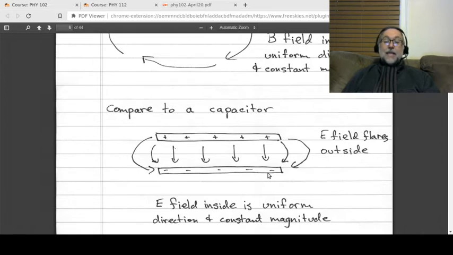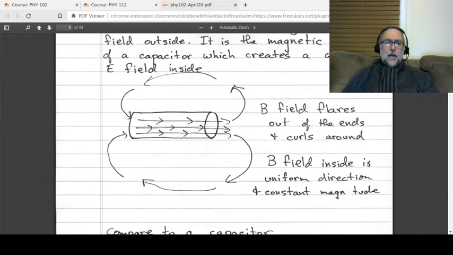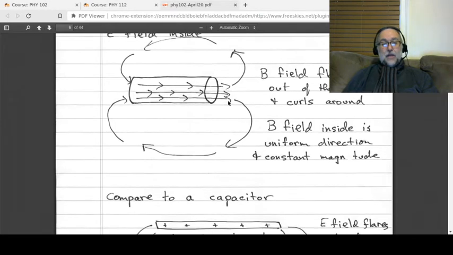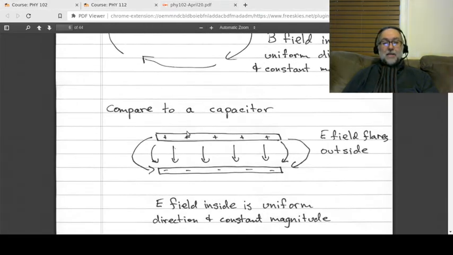Inside the capacitor, the electric field was uniform in direction, downwards the way I drew it, and always constant in magnitude. So there's the solenoid, which gives you a uniform constant magnetic field in the middle, and there's the parallel plate capacitor, which gives you a uniform constant electric field in the middle.